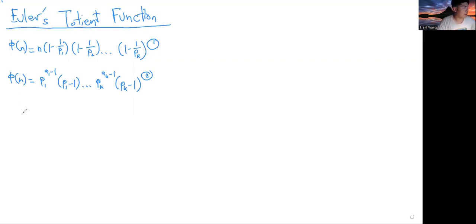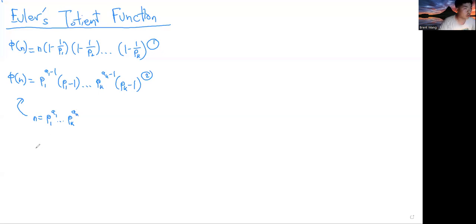I want to show you how I got the second formula though. I don't really like doing proofs normally, and I try to avoid it as much as I can, unless I'm doing it for fun. But in this case, I want to show you. As you know, the number n has a unique prime factorization: P1 to the A1 dot dot dot Pk to the Ak.